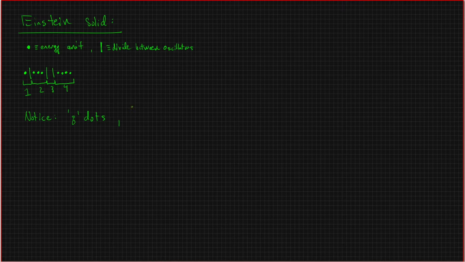And there are n minus 1 bars. So let's say there are n oscillators and Q energy units. If n refers to the number of oscillators and Q is the number of energy units available, this case right here is specifically that n is equal to 4 and Q is equal to, what is it, 1, 2, 3, 4, 5, 6, 7, 8.